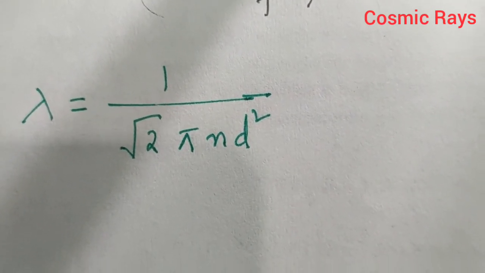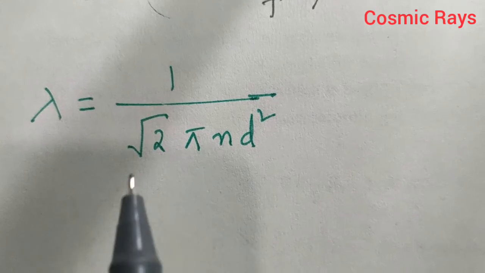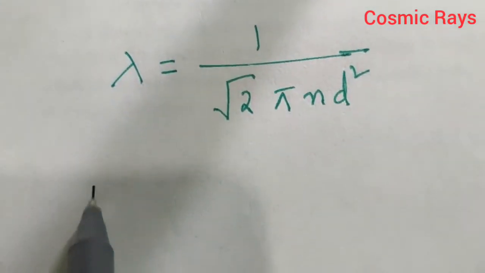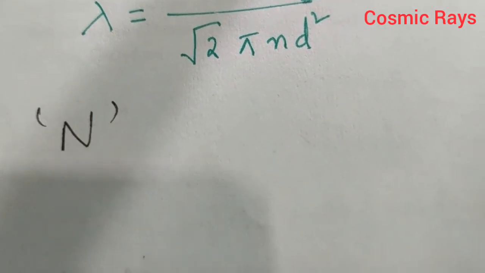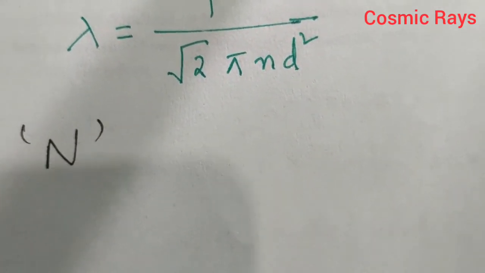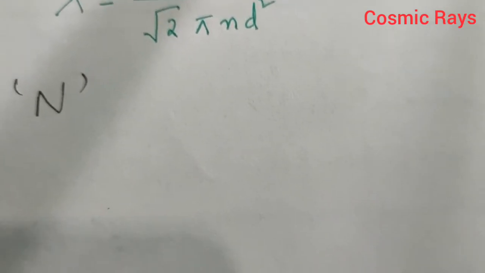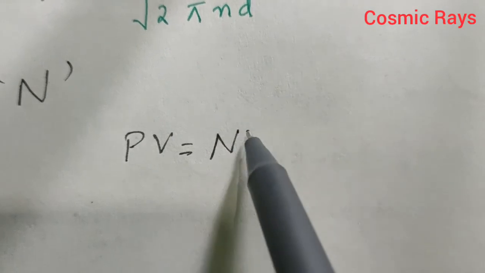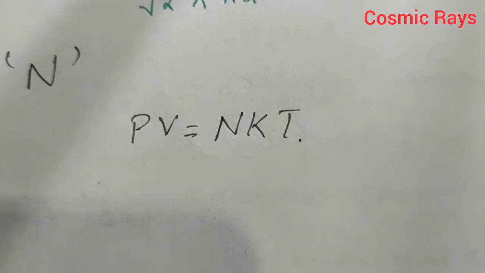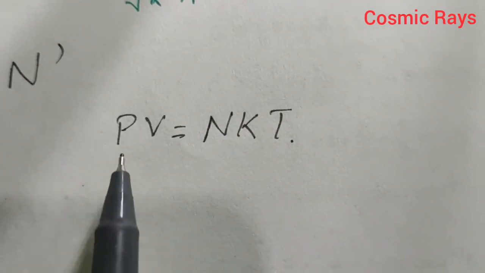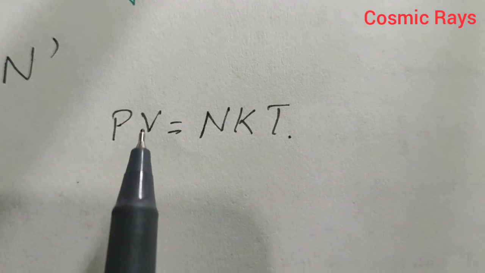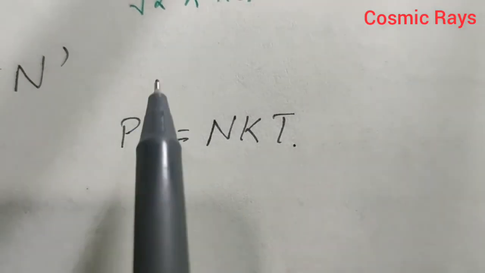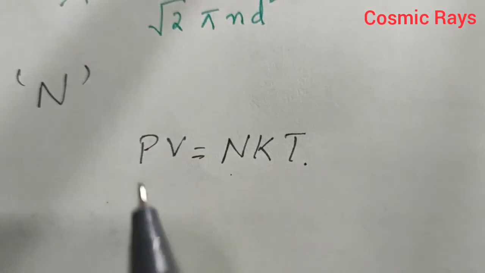Now if we consider it for an ideal gas, where the number of molecules is Avogadro's number, we know the relation that PV is equal to NkT. From here we will try to put n in this equation.